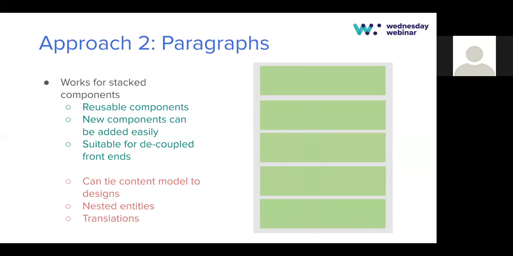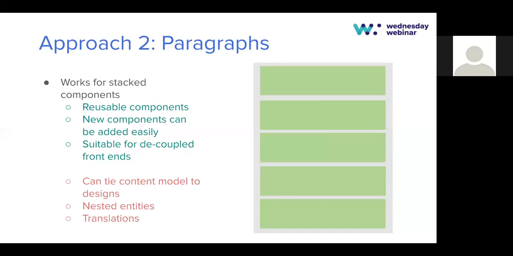But if you want to create multiple columns, or if you want to swap things from left to right column, things like that, you start adding that configuration to your paragraph, and then that means that you're coupling your content model with your designs. So that is one of the disadvantages of this approach.